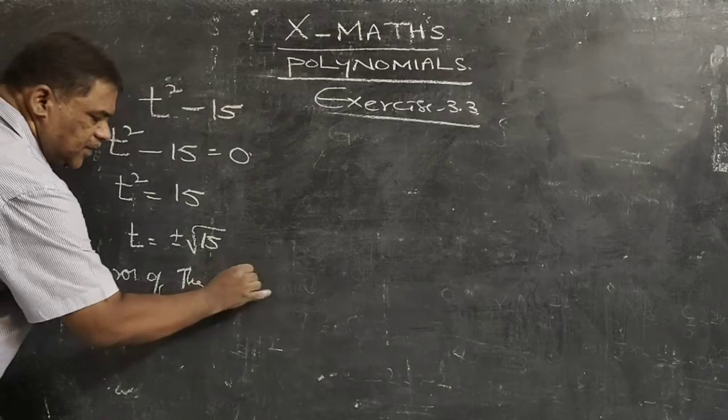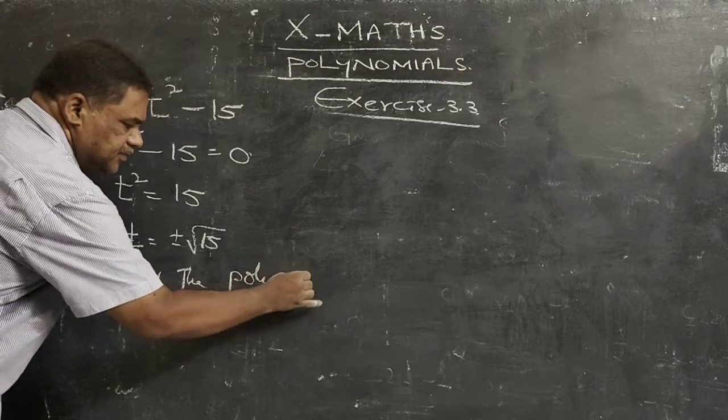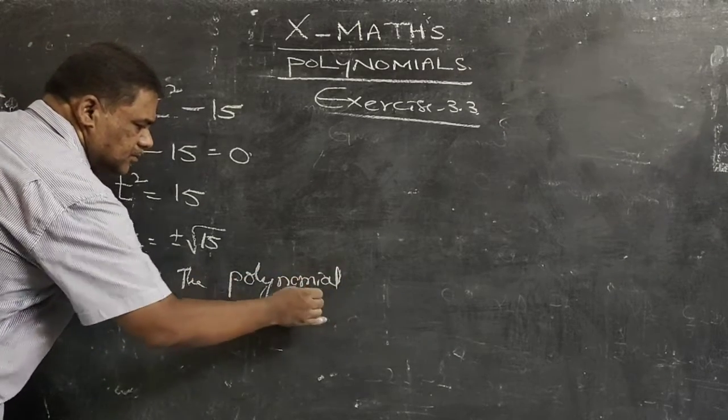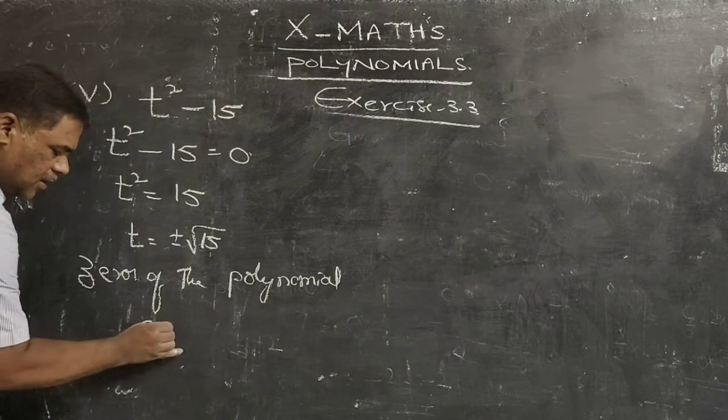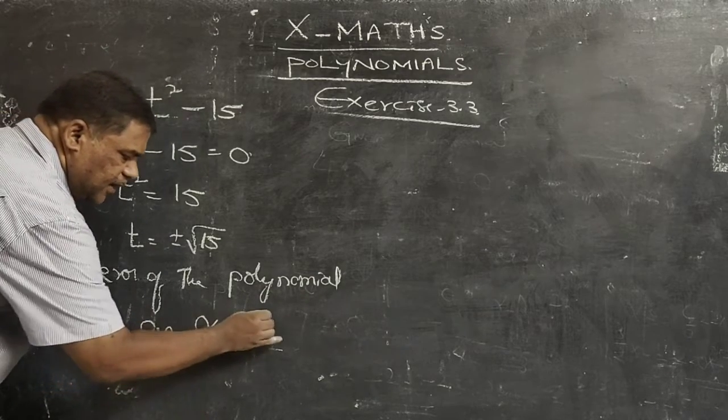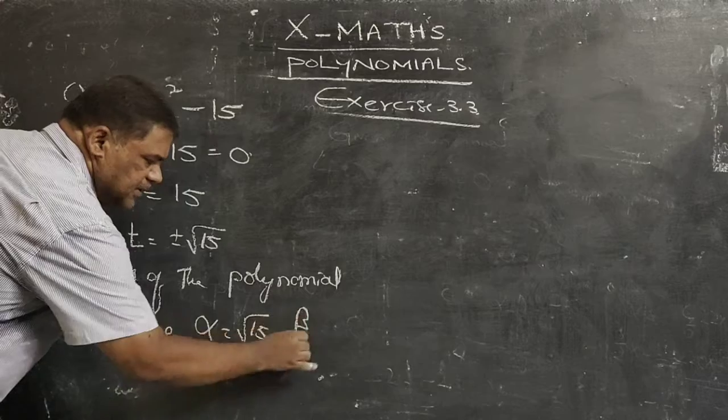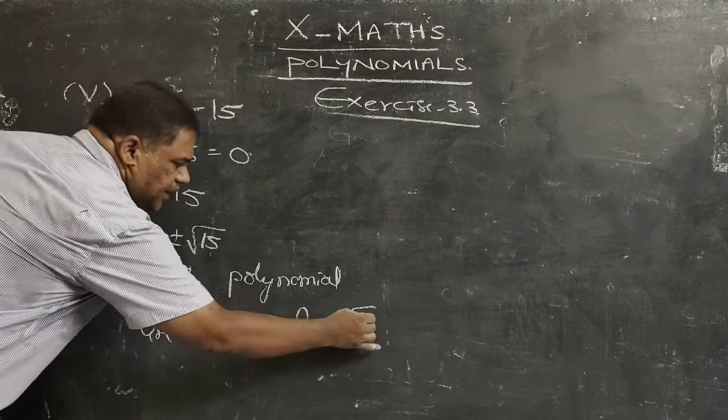So zeros of the polynomial are: first one is denoted by alpha, second one is denoted by beta.